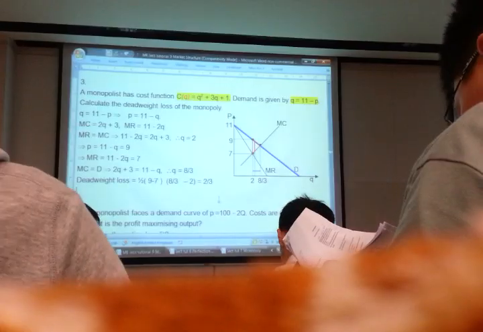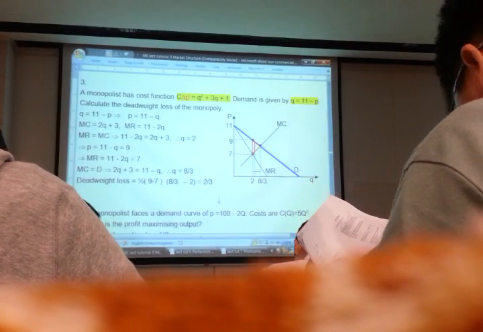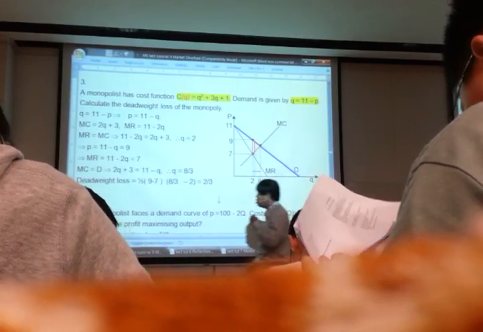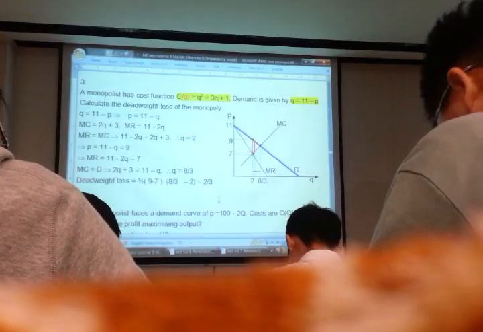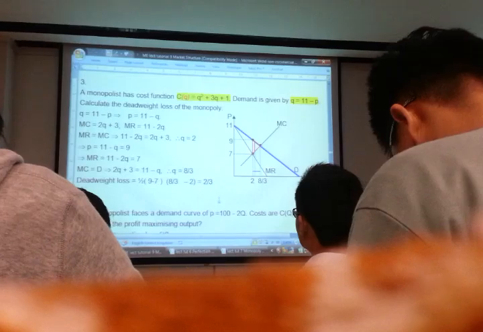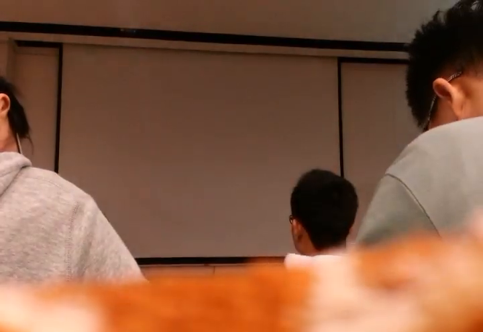Because if you want to use it, I think you can see for yourself, is this a straight line? The demand curve. You cannot say no, because I show you on the graph it's a straight line. Of course it's a straight line. How can it not be a straight line?